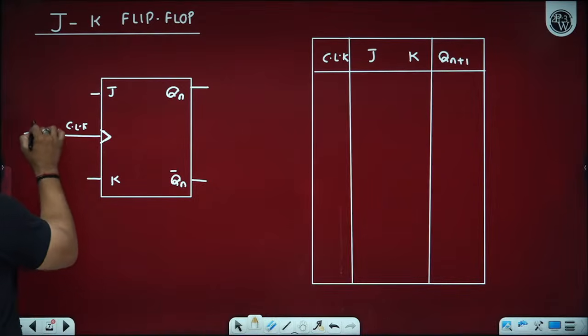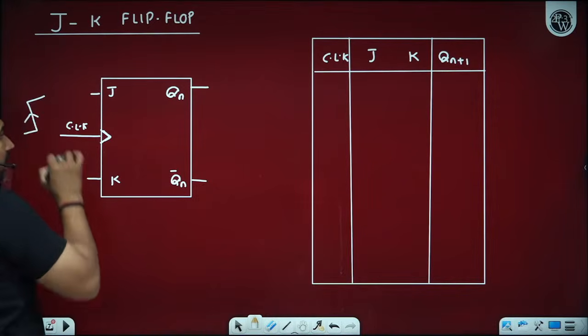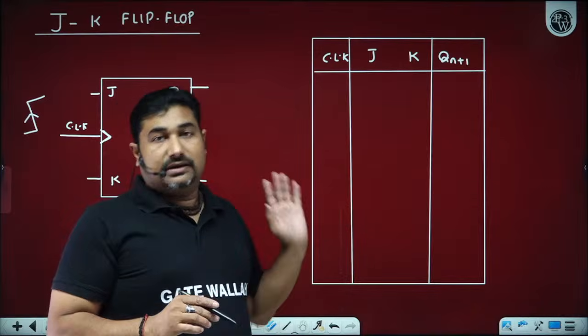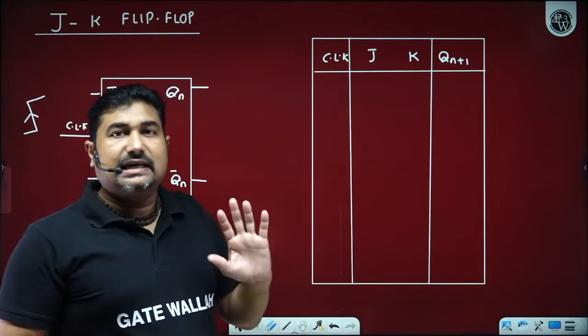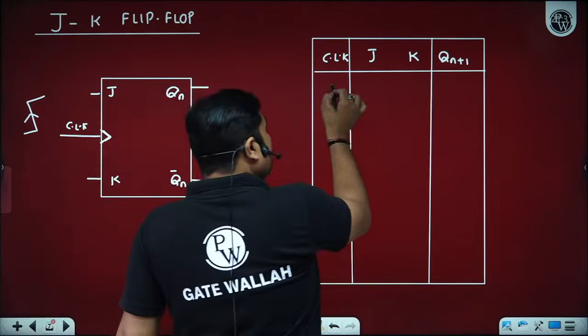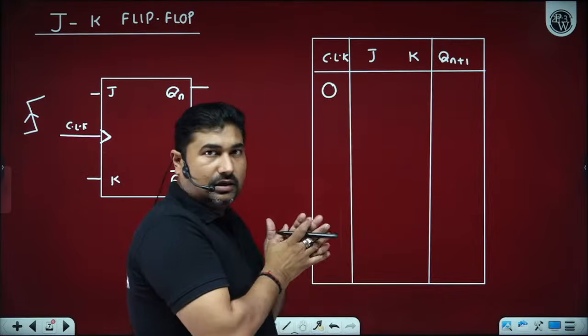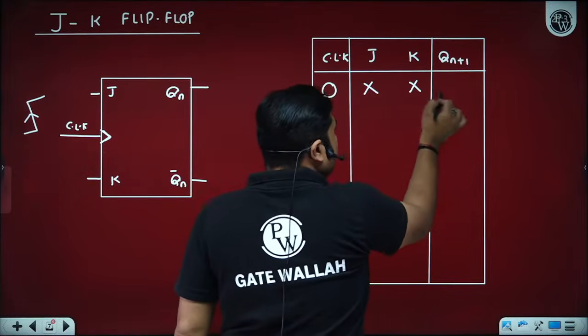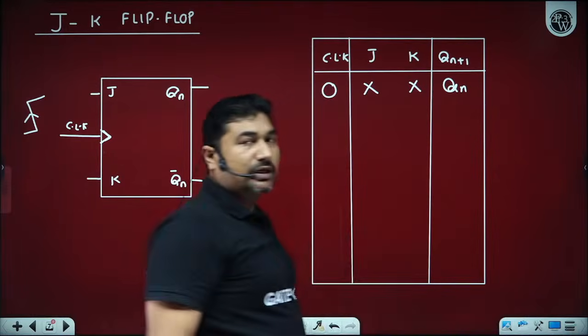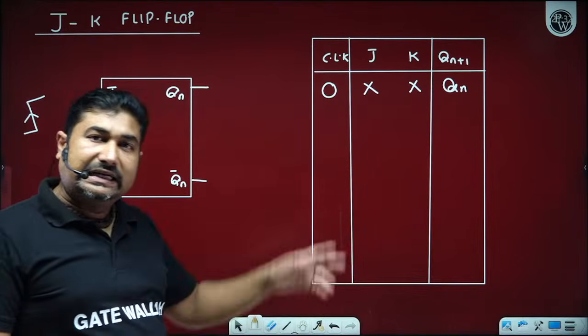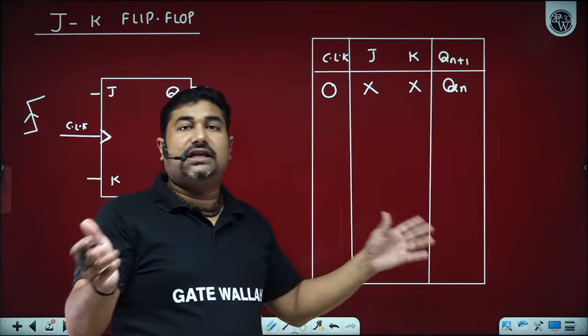Whenever there is a transition of the clock from 0 to 1, only then I say the clock appears and is high. Otherwise, the clock does not appear. So unless there is a clock, irrespective of the values of J and K, the output of the flip-flop will remain in the previous state, indicating there is no change in the output state.